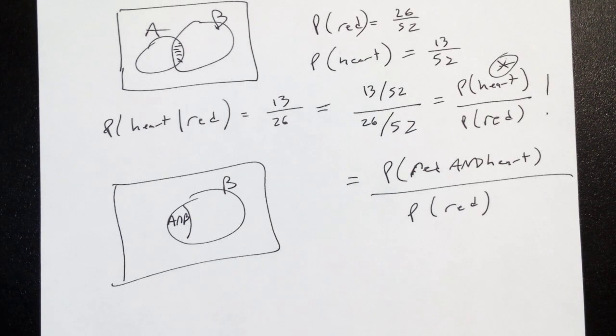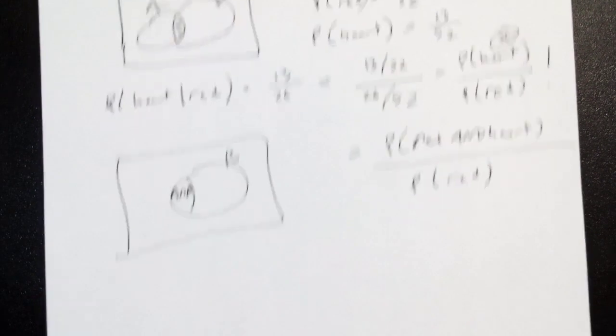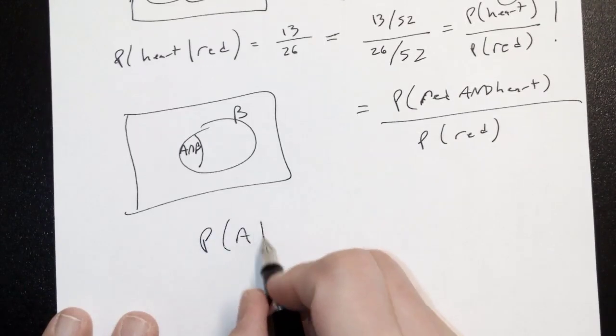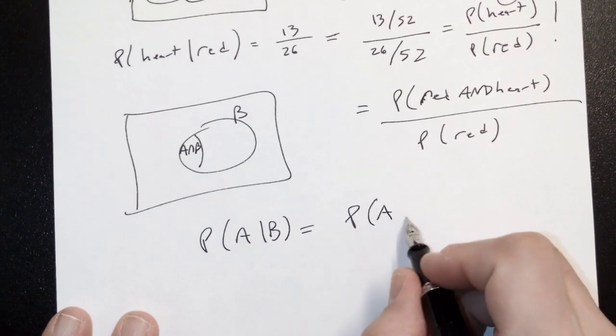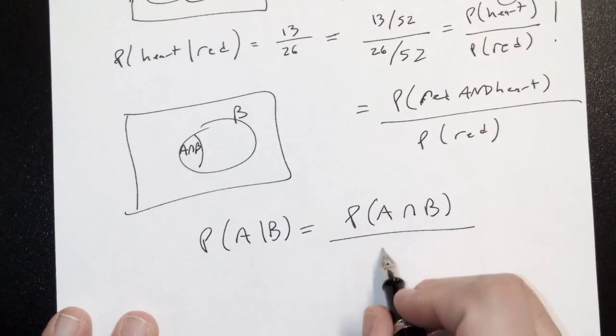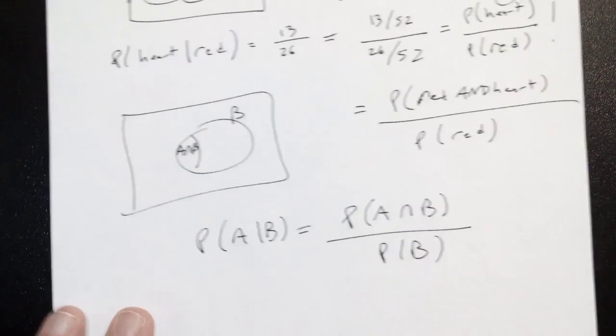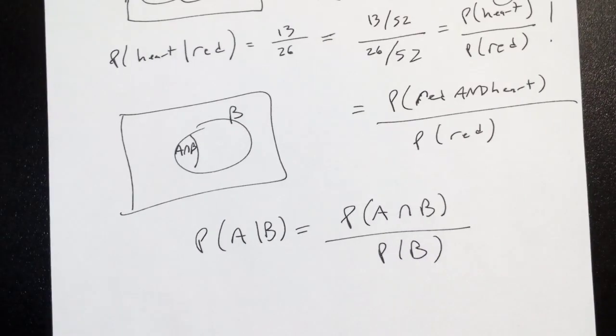What's the overlap? So in general, what we write is the probability of A given B is the probability of A and B over the probability of B. Often, we'll actually know this information more than we'll know this information.